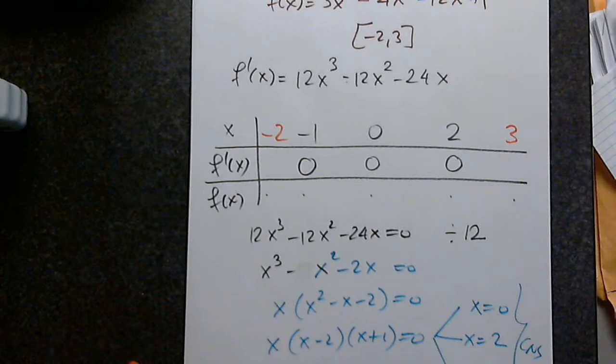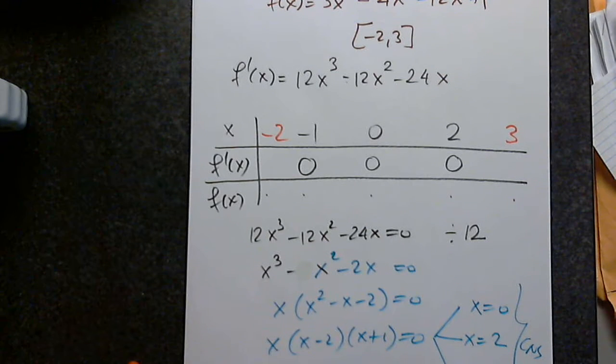So let's do just that. So 3x to the 4th, then minus 4x cubed, then minus 12x squared, plus 1, thank you so much.